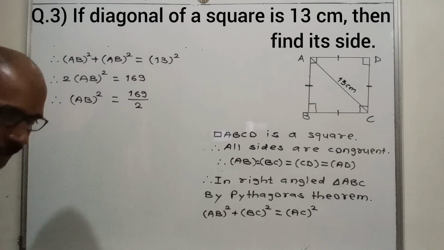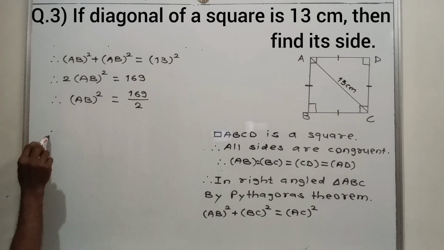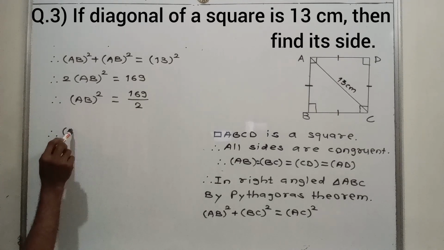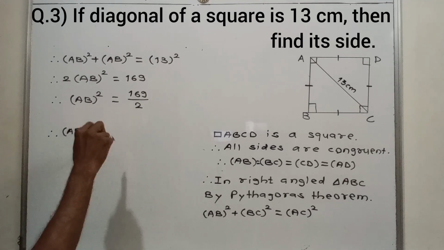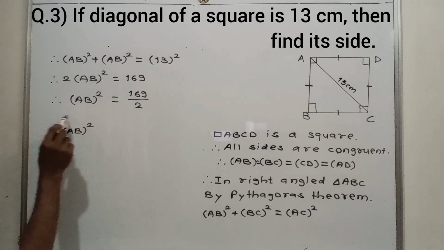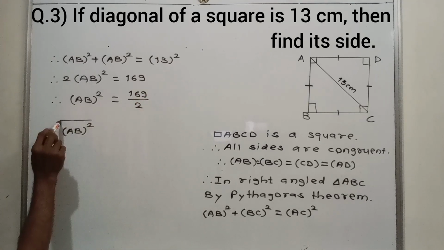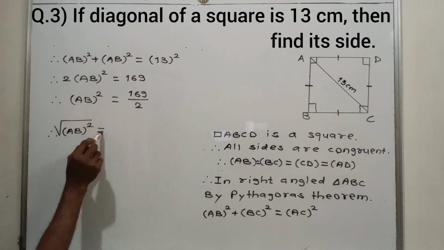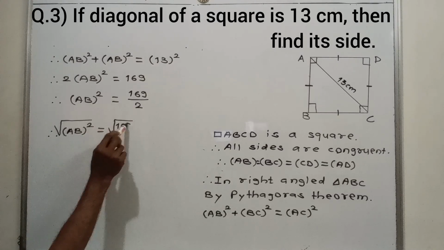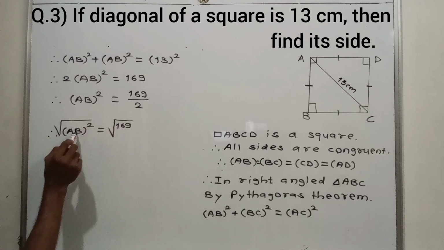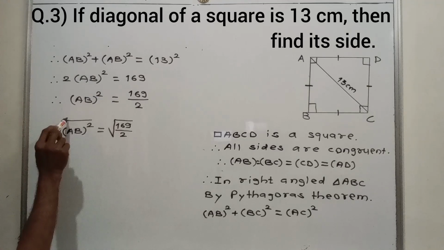Here multiplication on the left side, when it goes to the right side, becomes division. Therefore, taking square roots of both the sides, square root of AB square is equal to square root of 169 upon 2.